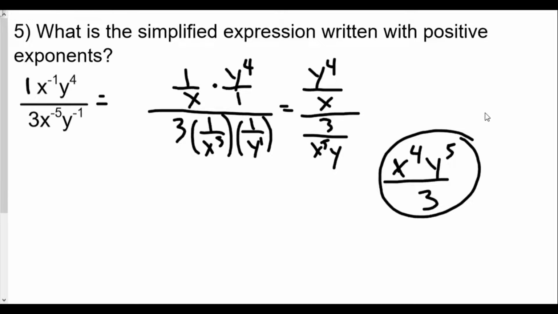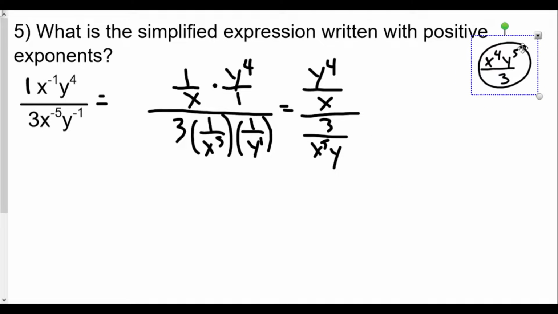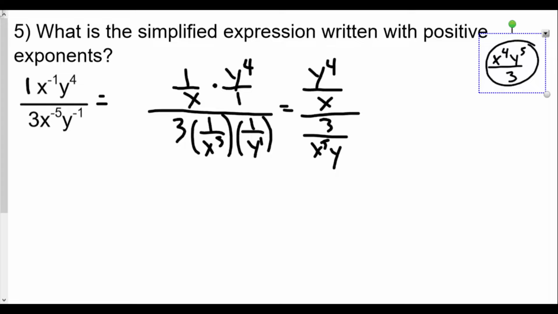And now I'm going to take this answer here, shrink it down, move it to the corner, and hopefully get the same answer. I'm really having our numerator divided by denominator. When we see fractions, that's really division.